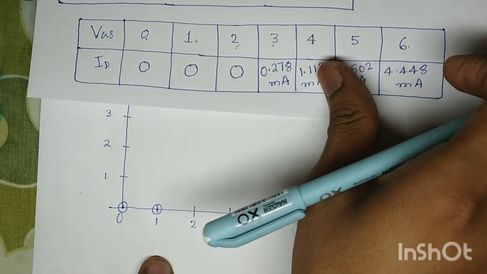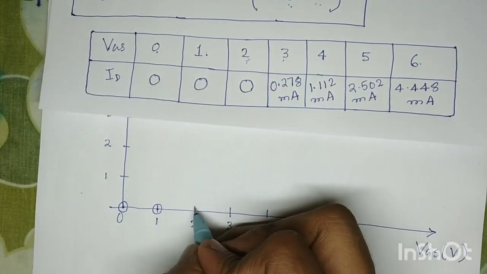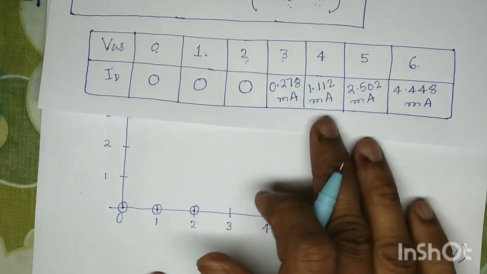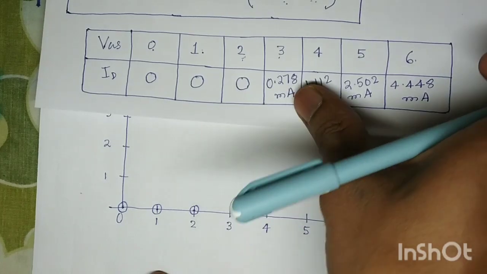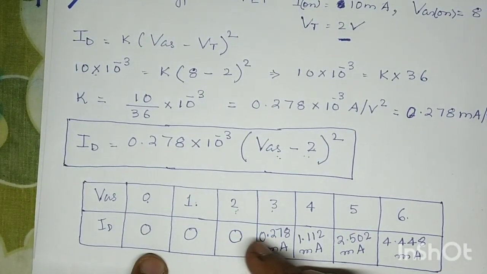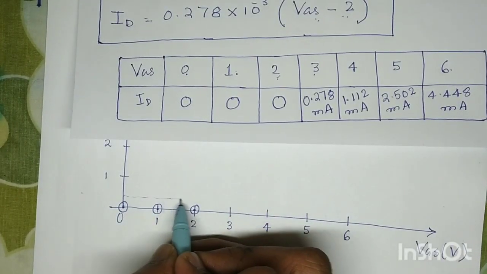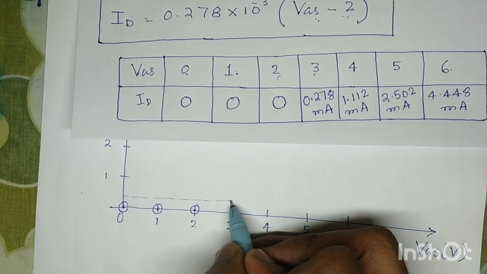When VGS is equal to 2 volt, ID is equal to 0, representing this point. When VGS is 3 volt, ID is 0.278, somewhere represent this point.